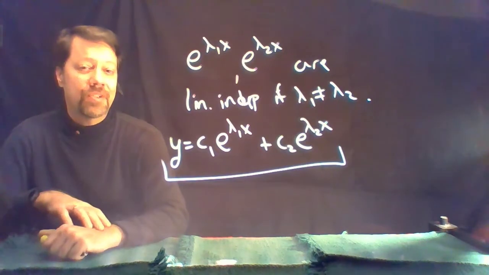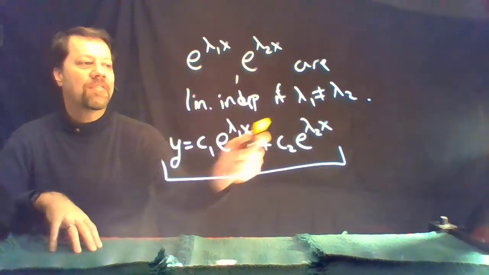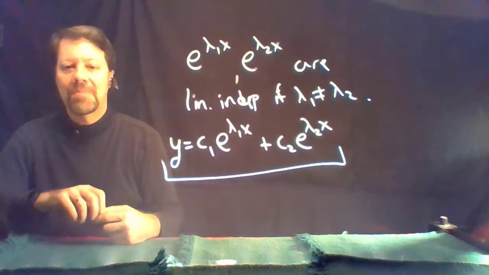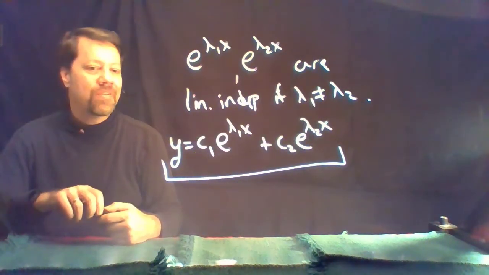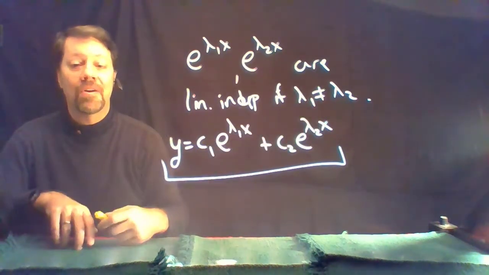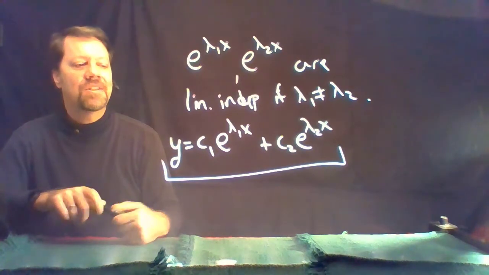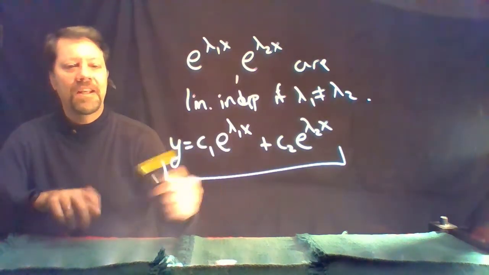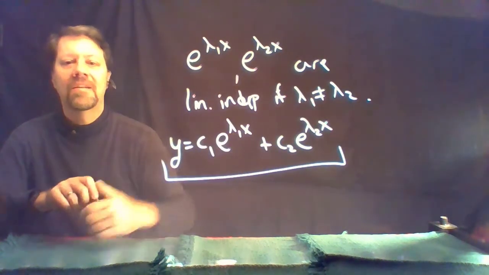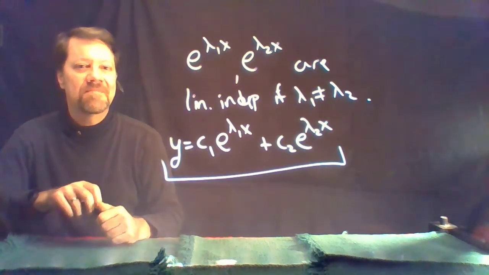We also get a solution in the complex conjugate case, because if two complex numbers are conjugates with non-zero imaginary part, then those are also non-equal. But it's less clear what it means to have a solution of this form if the values here are complex numbers. So we need to investigate that next.